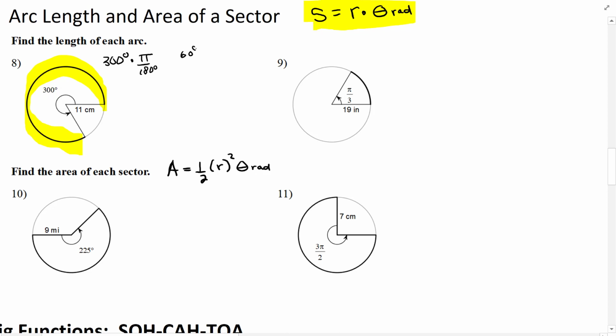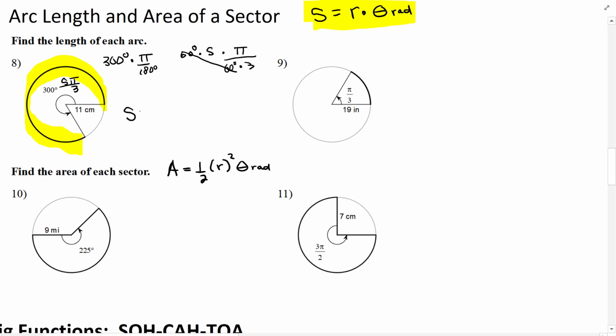So this is 60 degrees times 5, that's 300, times pi over 180. Well, 180 is 60 degrees times 3, and the 60s cancel. So we know that this theta right here is also 5 pi thirds.